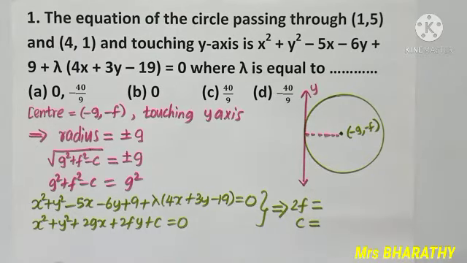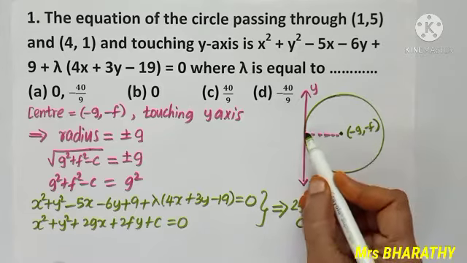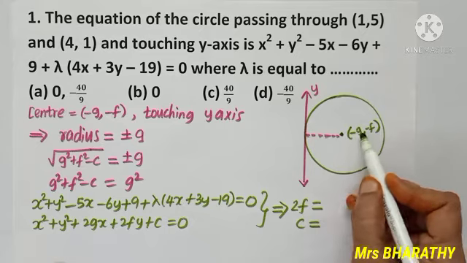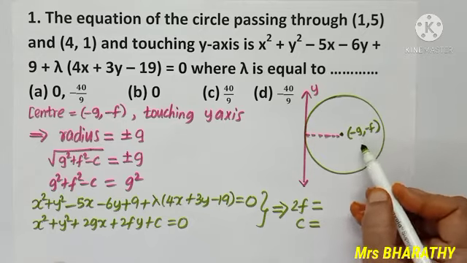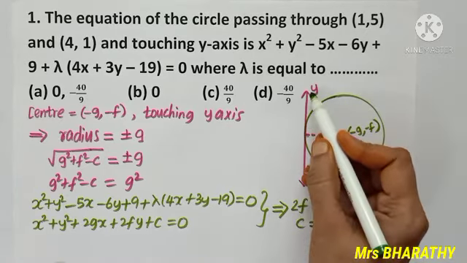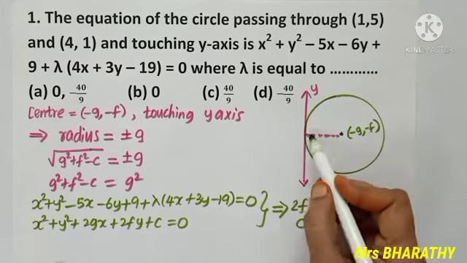If so, from center to y-axis, the radius, I can say this coordinate. We know the center is (-g, -f). So from center to y-axis, because it is touching, it is nothing but the radius.